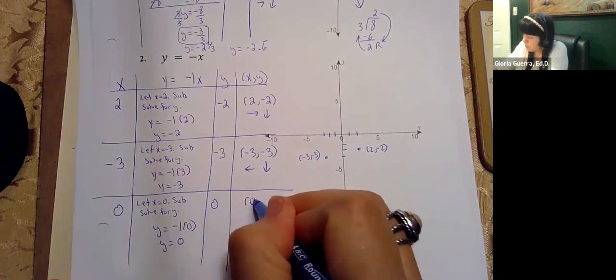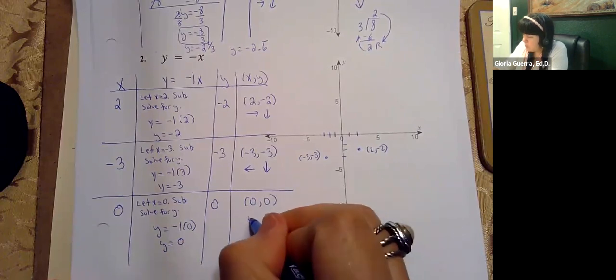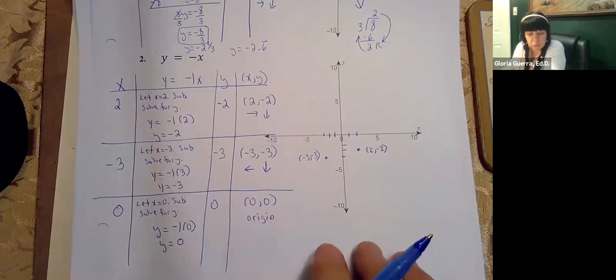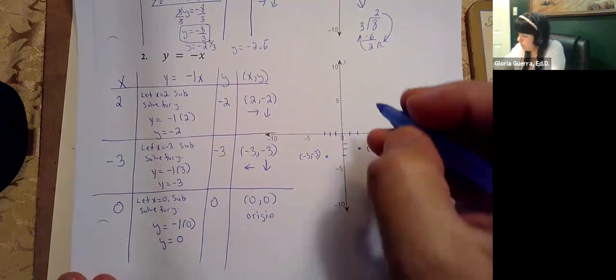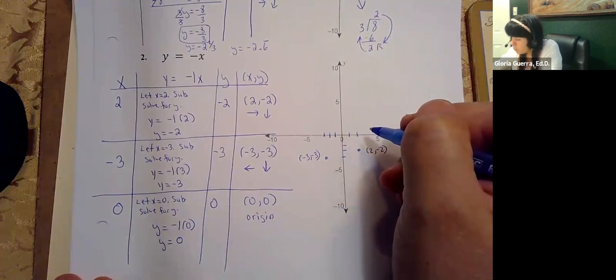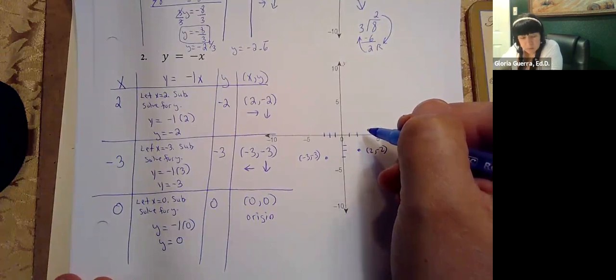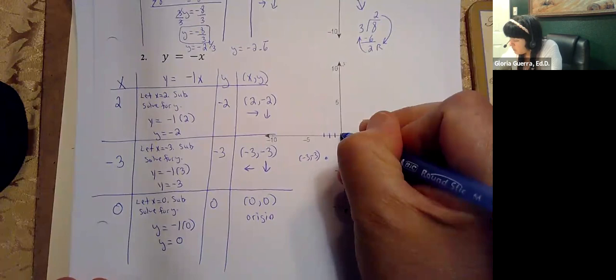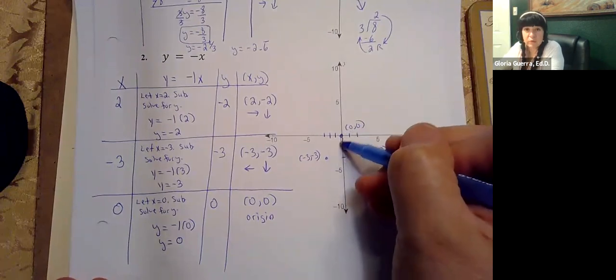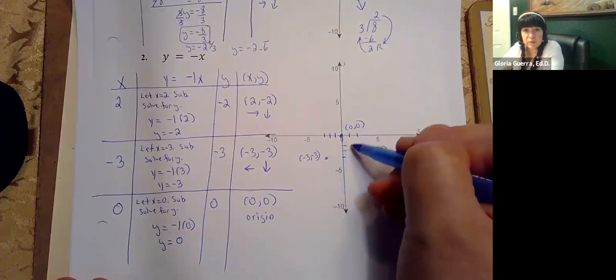So I have 0, 0, and that's the origin. So that's right here. And something looks off. See how one of these is off? See how this looks like a triangle?